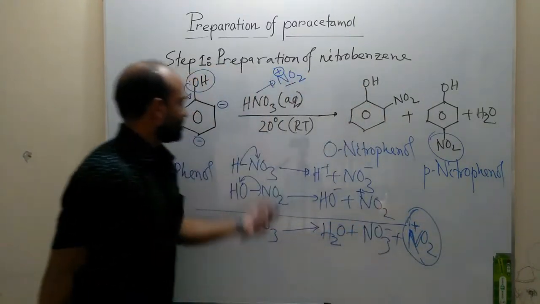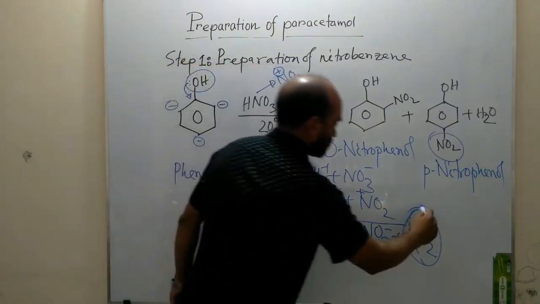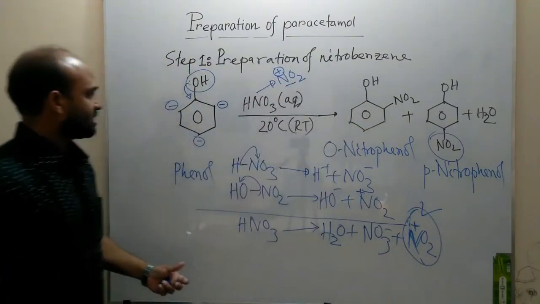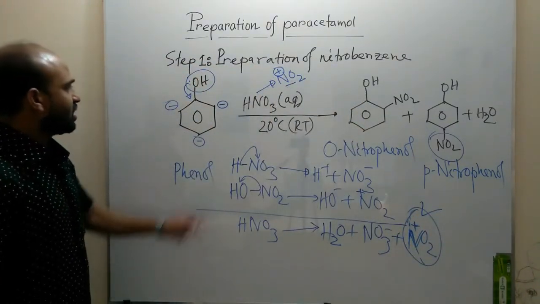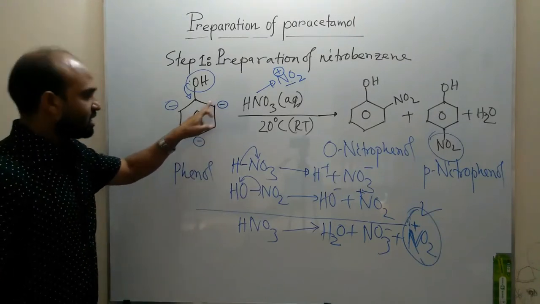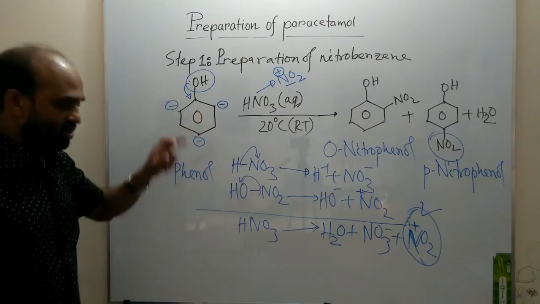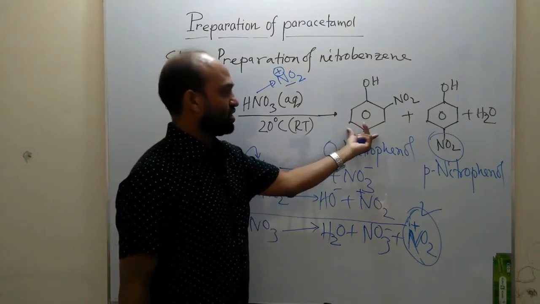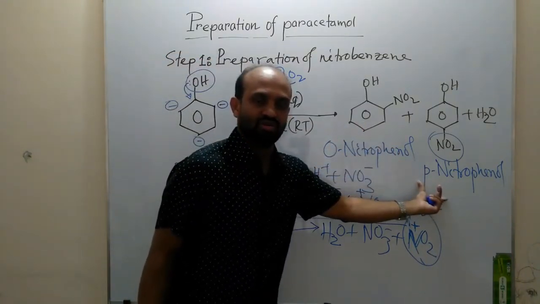So this way nitric acid produces electrophile, and this electrophile combines with the ortho position and para position, and we are getting orthonitrophenol and paranitrophenol.